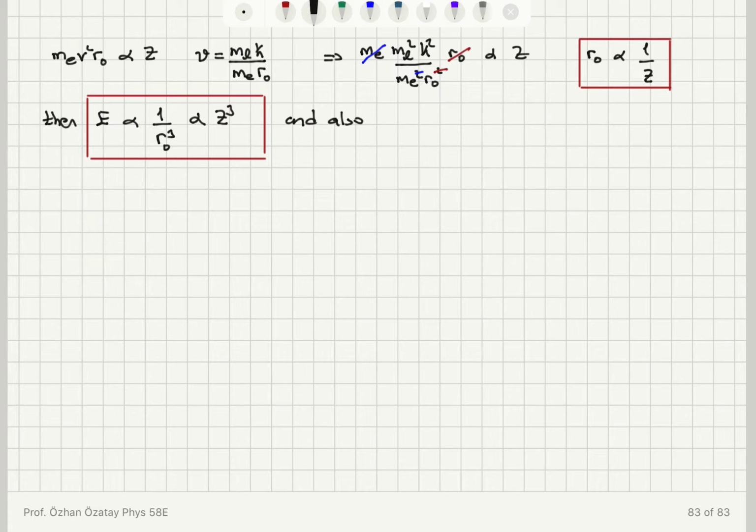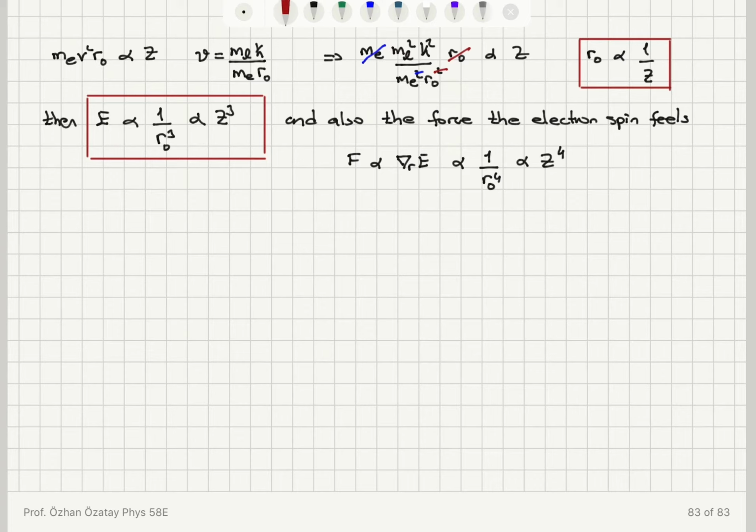And also the force, the spin fields, the electron spin fields, due to this interaction, is force proportional to the gradient of energy, which is proportional to the derivative with respect to r, so it would give us 1 over r0 to the fourth power, which is proportional to Z to the fourth power.